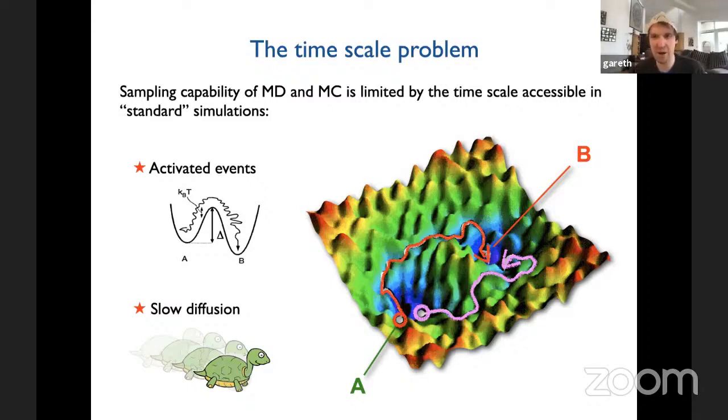One is that there are high barriers and activated events, and the other issue is that there is slow diffusion. So all of these methods, the methods that Giovanni talked about last week, the method of umbrella sampling, and the method that we're going to talk about today, metadynamics, are there to resolve this timescale problem.